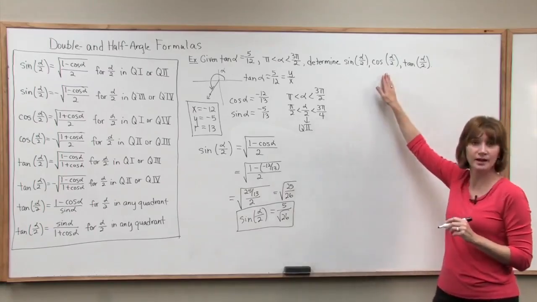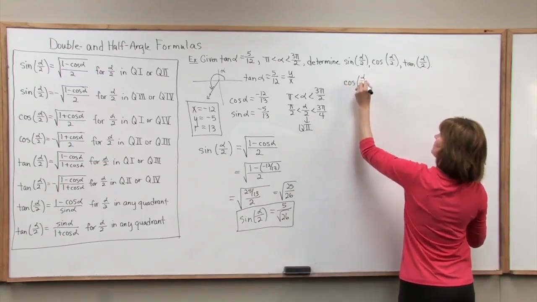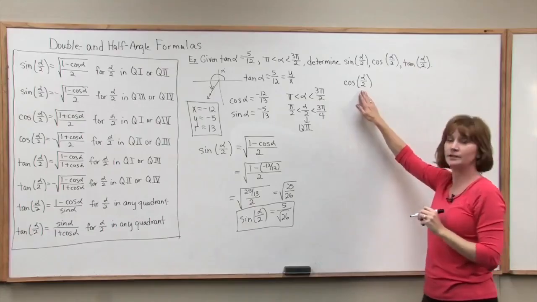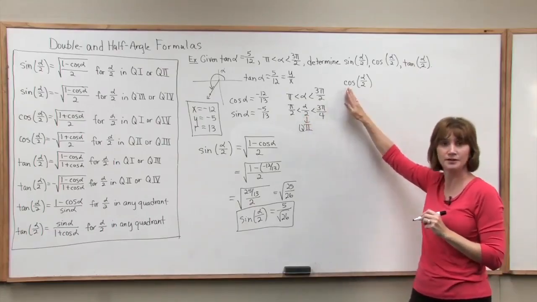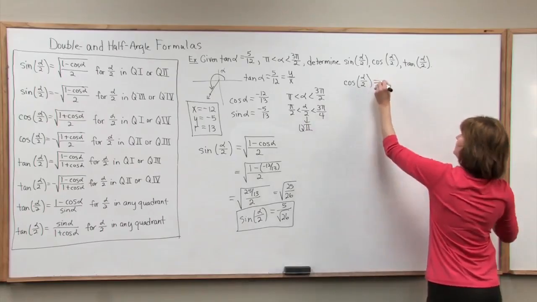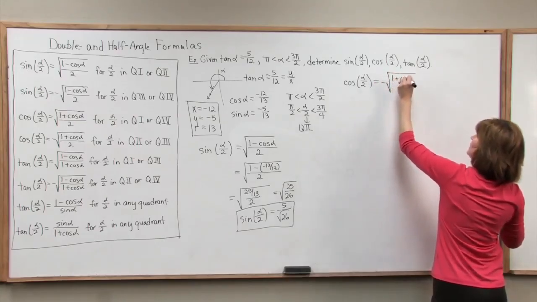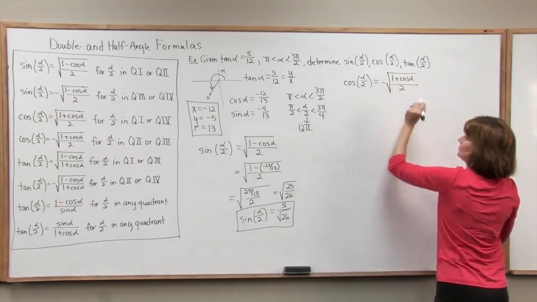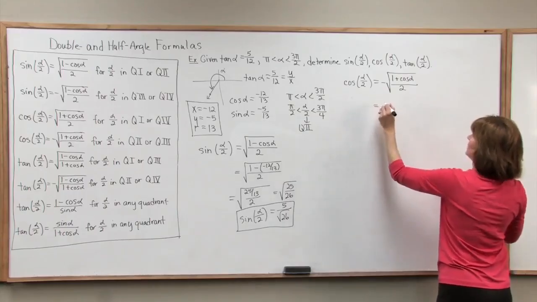Now let's find the cosine of alpha over 2. Well, we've already determined, remember, that the terminal side of alpha over 2 lies in quad 2, and cosine in quad 2, is that positive or negative? Negative, exactly. So you're going to use the negative square root of 1 plus cosine alpha over 2. And then you plug in your value for cosine.